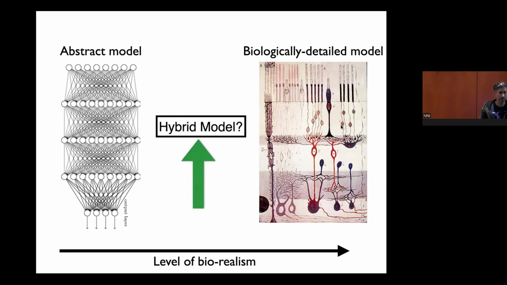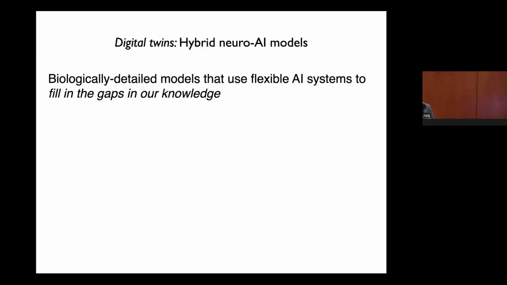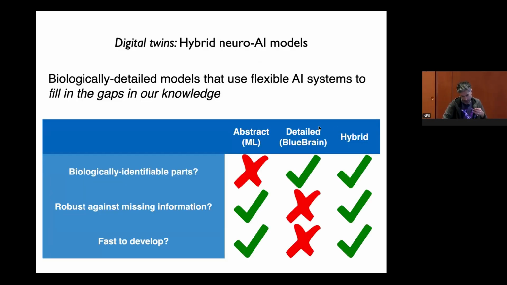We get the best of both worlds by putting in all the biology we know of, and then using machine learning to fill in the gaps and get models that work well, that have parts that we can identify and study, and that contain some of the same adaptational mechanisms that allow the model to adapt to changing conditions the same way the real biological system does. Okay, and this is just some propaganda to suggest that maybe you get everything when you do this approach.